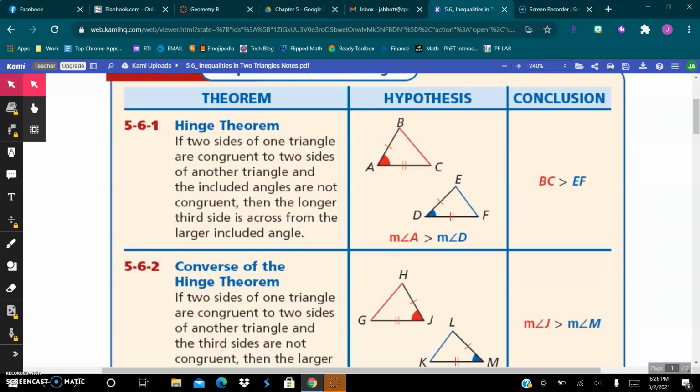larger included angle. So it shows that the one tick marks, those are congruent on each triangle, and then the two tick marks are congruent on each triangle, but the angles are not congruent.